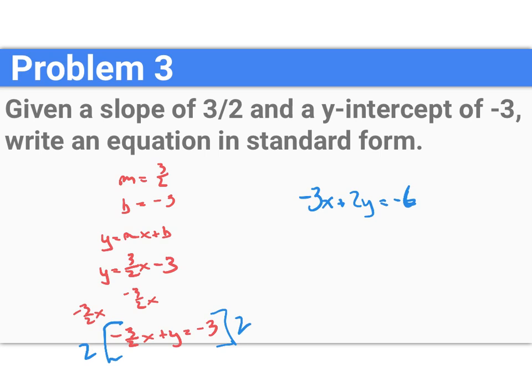So make sure you read the directions for how standard form is supposed to look. In some books, it is integers. Some books use real numbers for A, B, and C. So be careful with that. Make sure you notice that on your standardized tests, because I would hate to see you get those wrong.